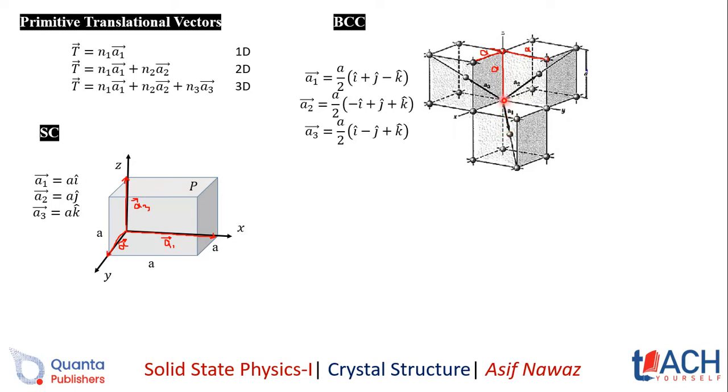So first we have to travel a by 2 distance along our x-axis, a by 2 distance along our y-axis, and minus a by 2 distance along our z-axis, right?